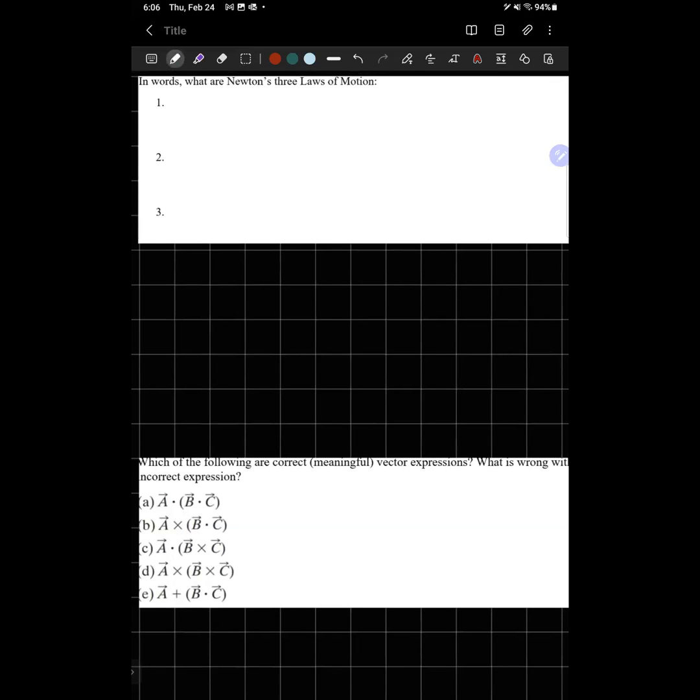So the first one is a question that is completely fair game, and I would expect it to be on the test: describe Newton's three laws of motion in words. Off the top of anybody's head, can anyone describe Newton's laws of motion?